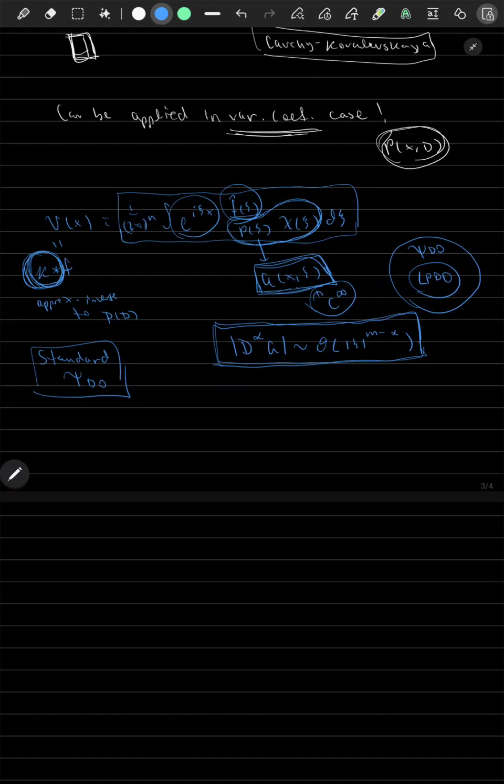But there's also another problem, right? We know that parametrices help to determine the regularity of solutions, and by regularity of solutions, of course, I mean hypoellipticity of the operator.